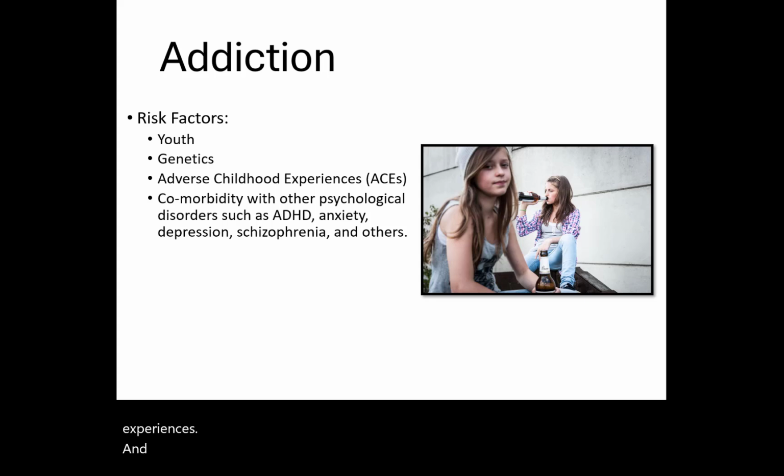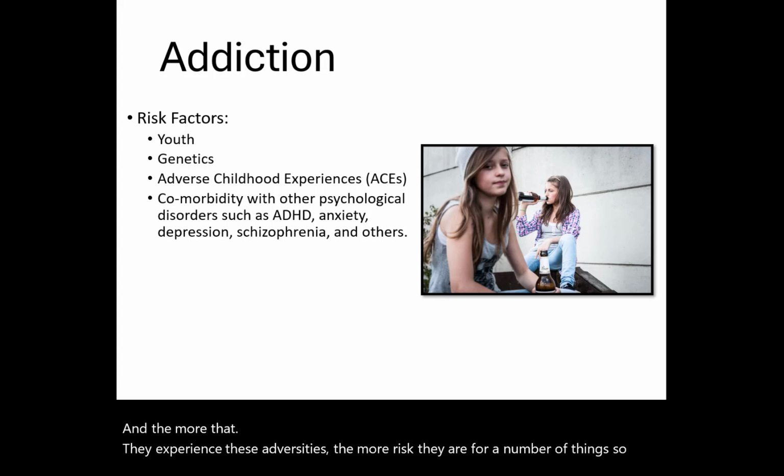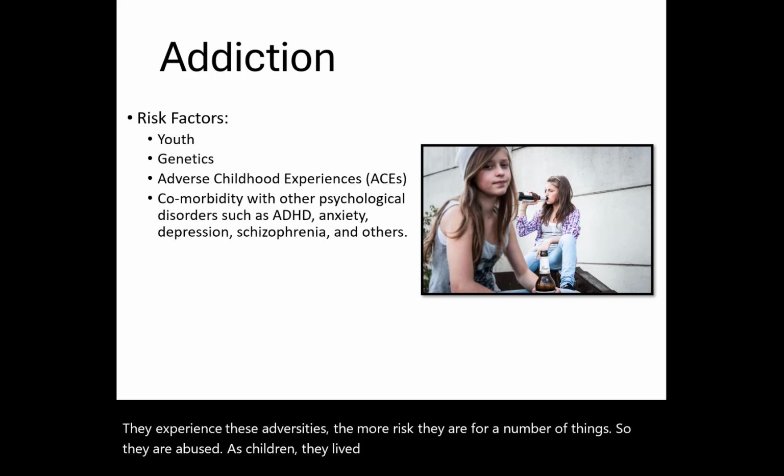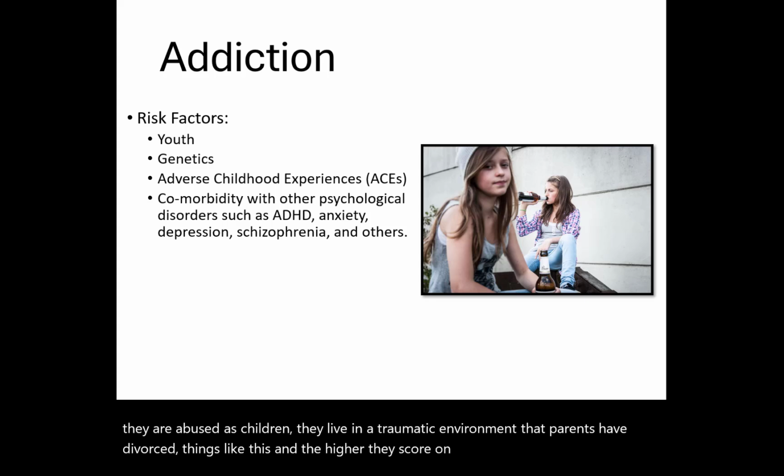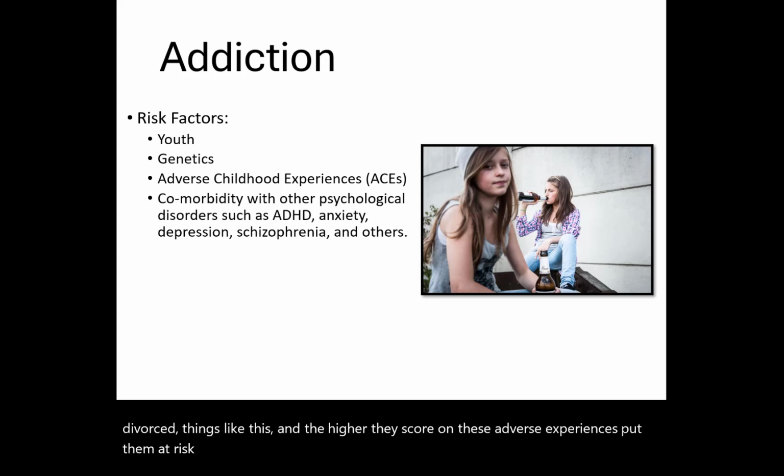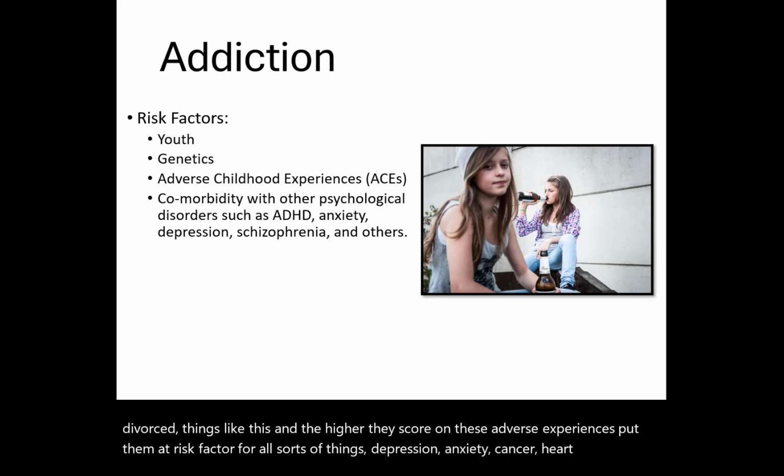And the more that they experience these adversities, the more risk they are for a number of things. So they are abused as children. They live in a traumatic environment. Their parents have divorced. Things like this. And the higher they score on these adverse experiences put them at risk for all sorts of things: depression, anxiety, cancer, heart disease, and substance use disorder.